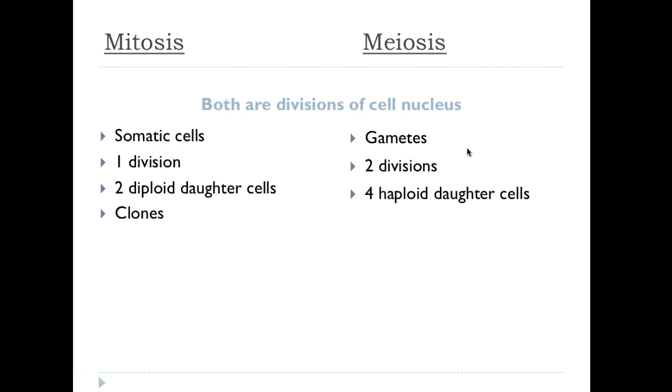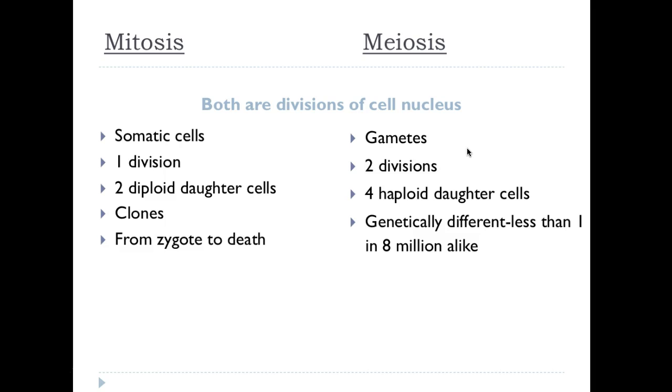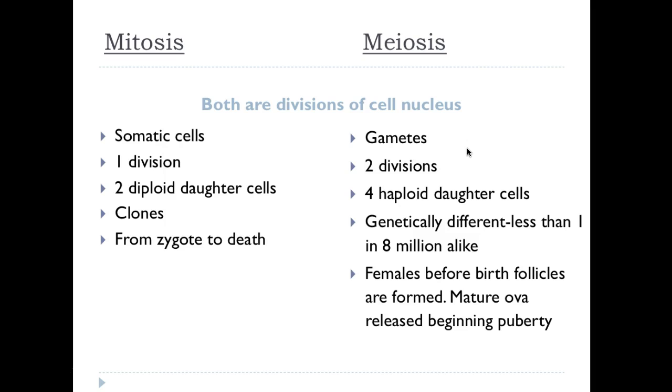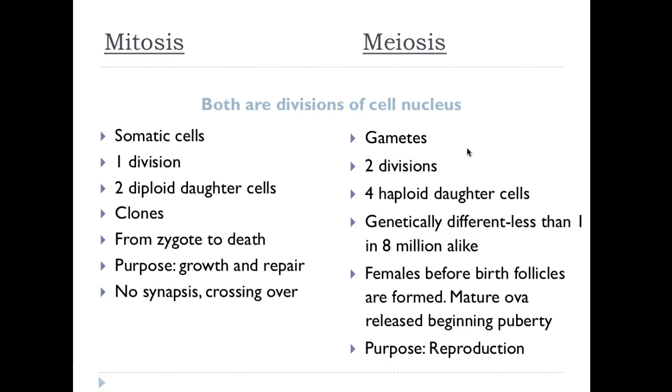Mitosis is going to produce clones of the cell. Meiosis is going to produce genetically different cells, with less than 1 in 8 million being alike. Mitosis is from zygote to death. In meiosis, in females, before birth follicles are formed, and mature ova are released beginning at puberty. The purpose for mitosis is growth and repair, and the purpose for meiosis is reproduction.